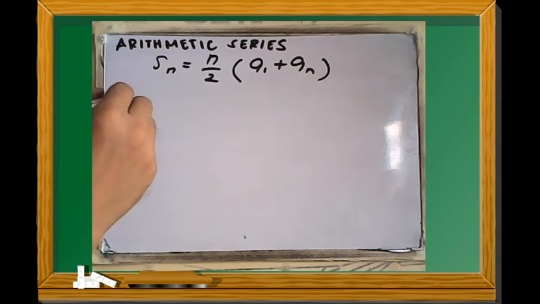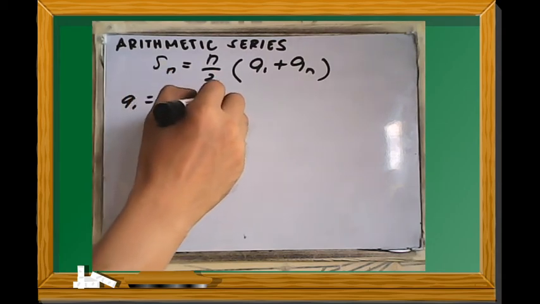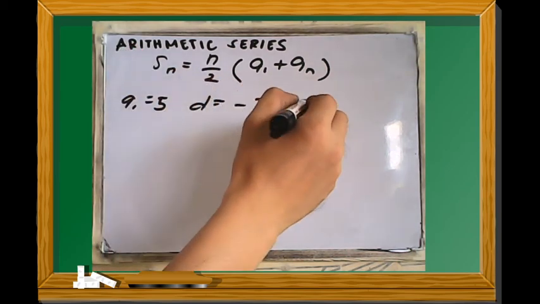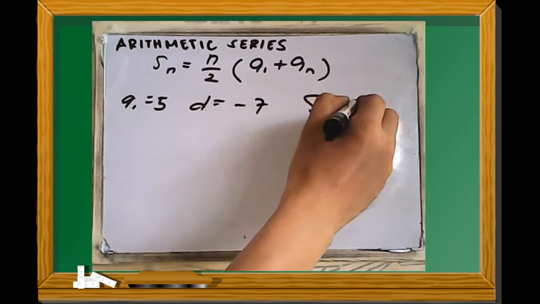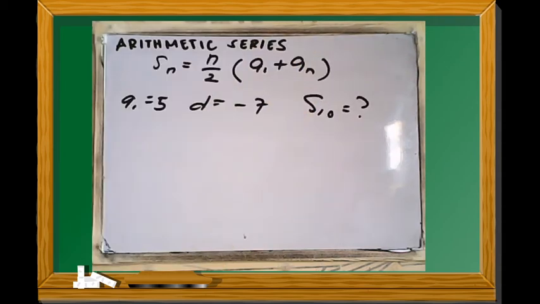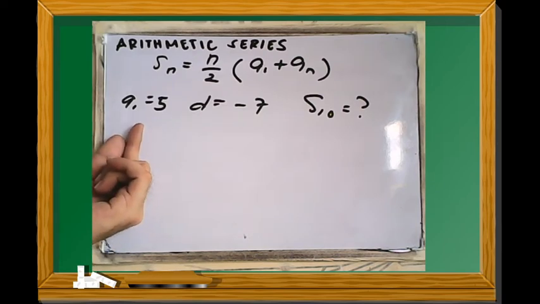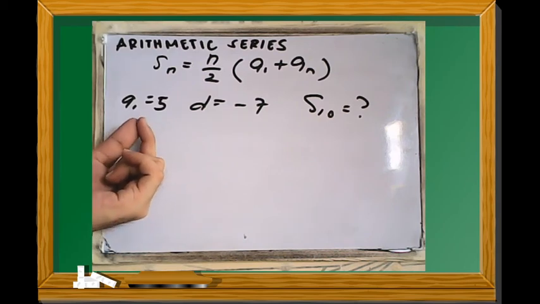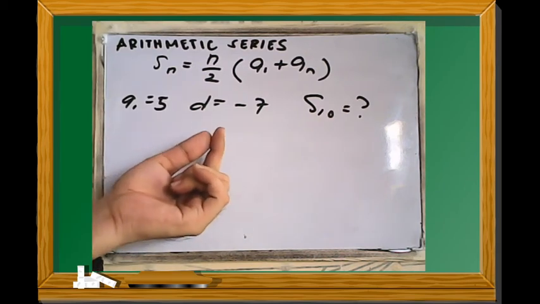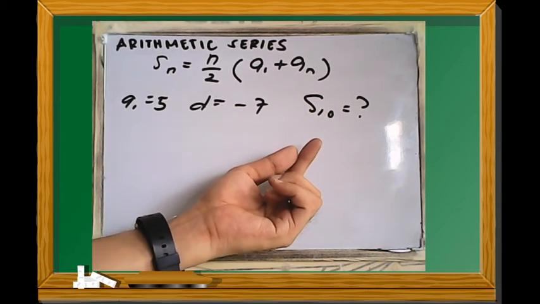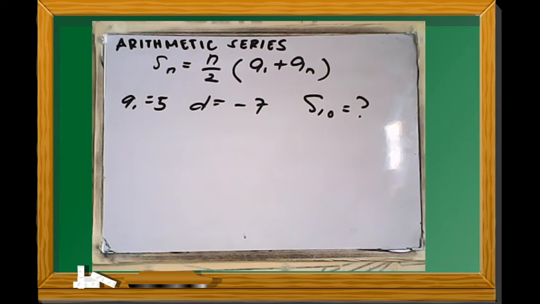And a sub 1 is equal to 5, and d is equal to negative 7. So again, we have to find S sub 10. So the given is only the first term, a sub 1 is 5, and the common difference is negative 7. So we have to identify the sum up to the 10th term.